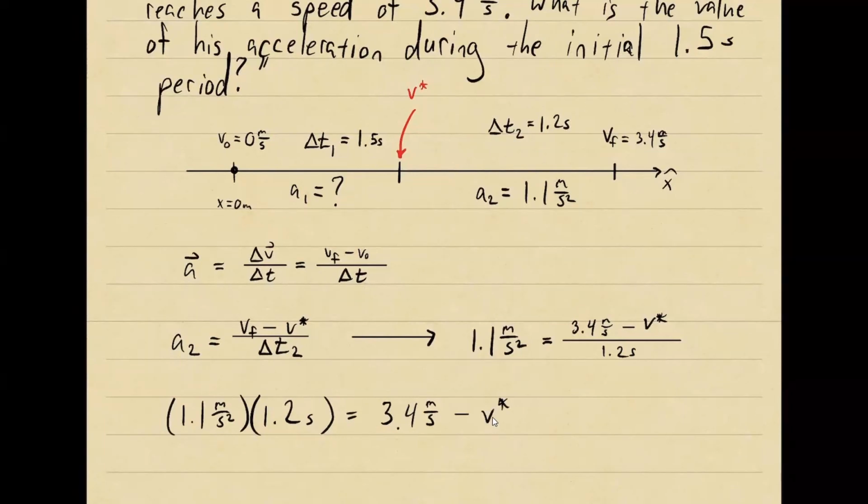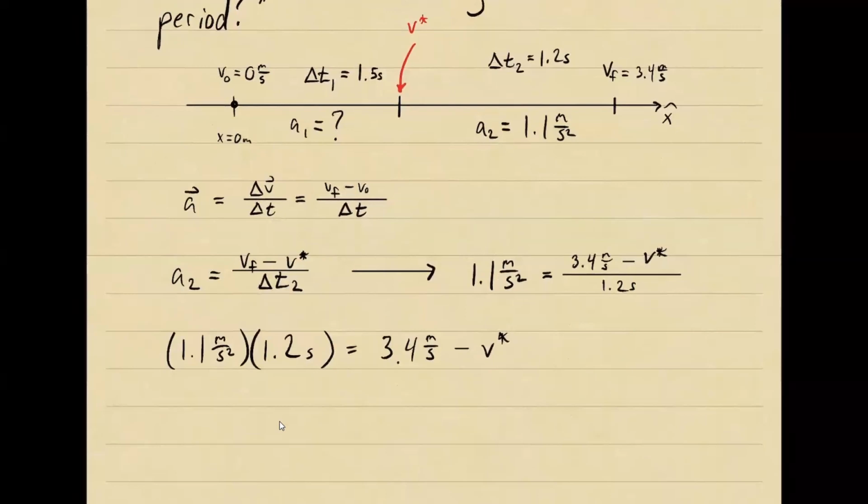If I add v star to both sides and subtract off this multiplication from both sides, we get that v star, the velocity at the point where the football player decides to switch up his acceleration, is equal to 3.4 meters per second minus 1.1 meters per second squared times 1.2 seconds.